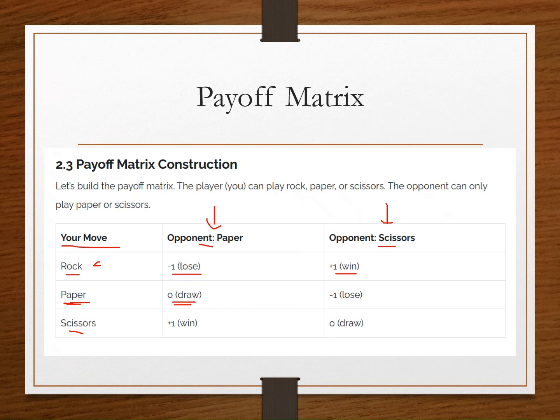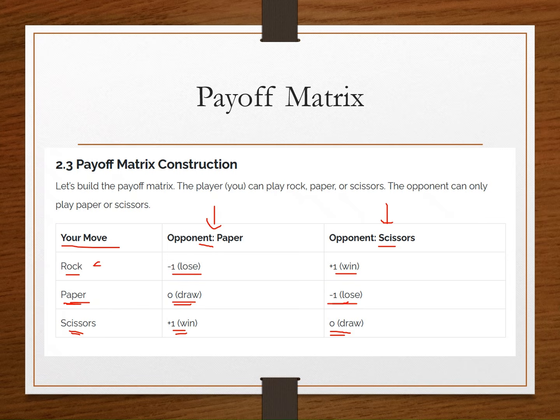Then when we play paper, opponent plays scissors, we lose $1. When we play scissors, opponent plays paper, we win $1. And when we play scissors, opponent plays scissors, it's a draw once again, so $0. So this is our matrix showing all of the different scenarios on how they play out.